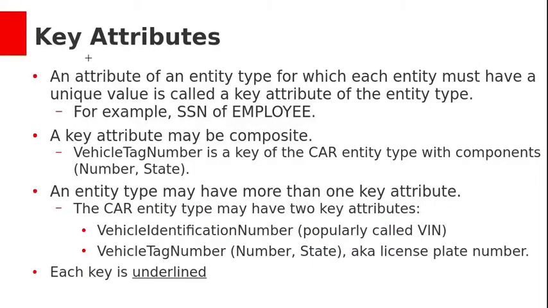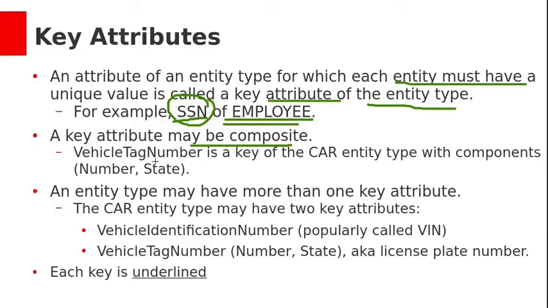We have seen attributes. An attribute of an entity type for which each entity must have a unique value is called a key attribute of the entity type. If you take employee, attribute SSN is the key attribute, means SSN value will be unique for each employee. A key attribute may be composite.